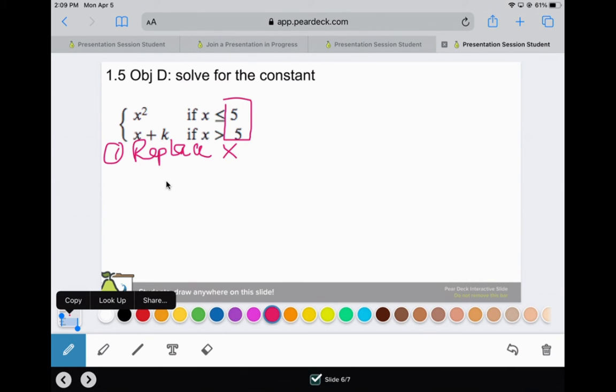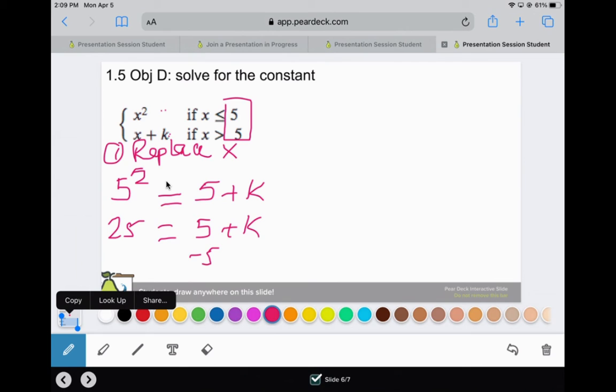That number for both. So the first one is 5 squared. Set these equal to each other, okay? And then 5 plus K. So 25 and 5 plus K.